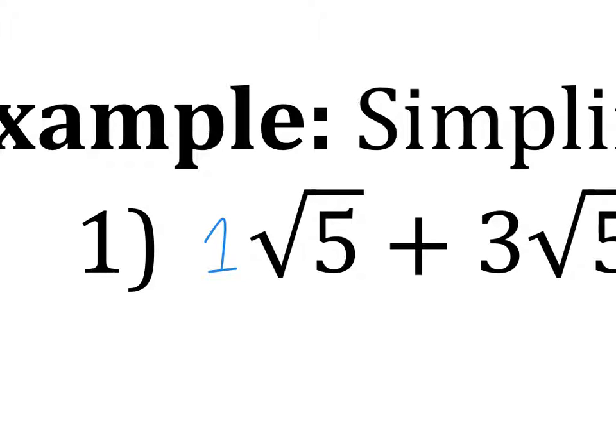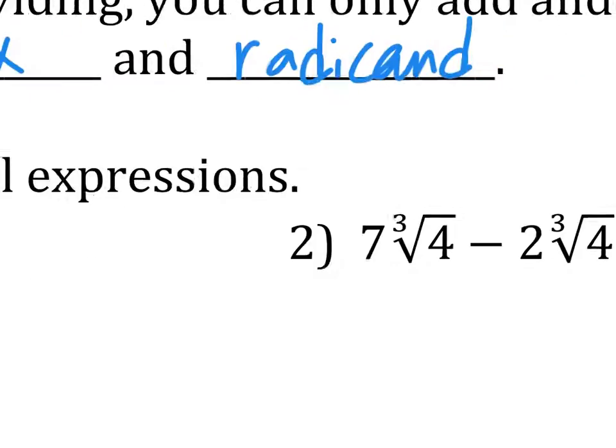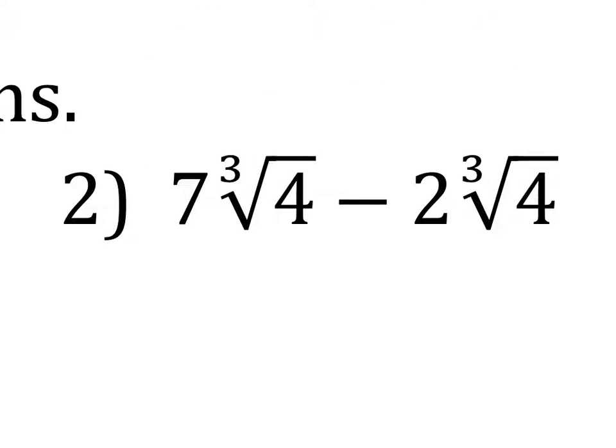How many x do you get? 4. Same thing here. If you add 1 radical 5 plus 3 radical 5s, how many radical 5s do you have? 4. So the answer is 4 radical 5. Just think of radical 5 as a variable, and you're just adding the coefficients. Easy stuff.